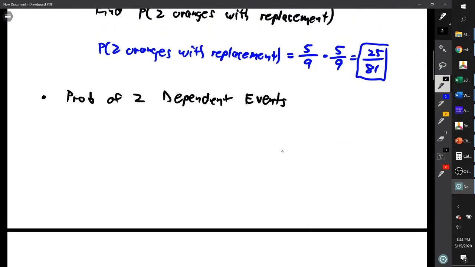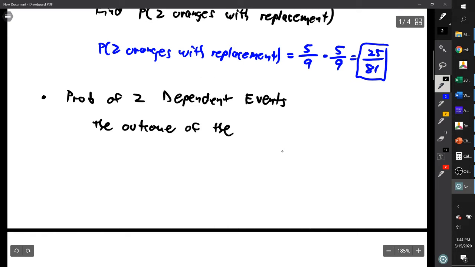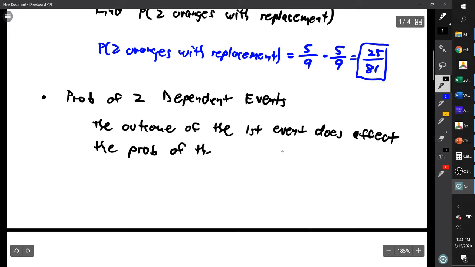Okay, yeah. The outcome of the first event does affect the probability of the second event.